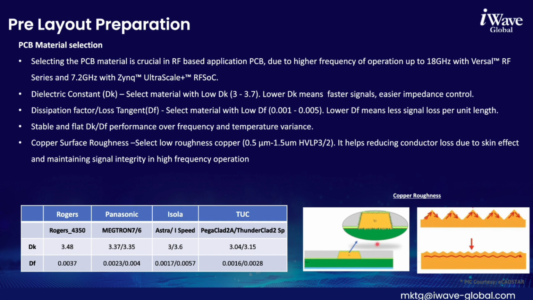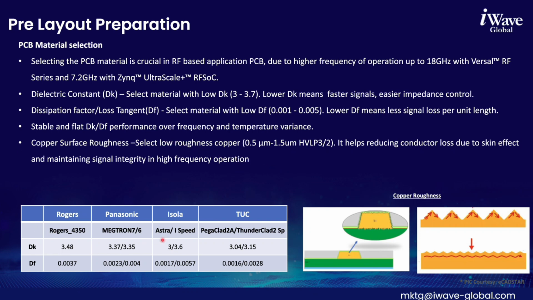When there is roughness on the edges, the signal has to travel a longer path. Since it has to travel the longer path, there will be signal loss and signal integrity issues. When we use low roughness copper, there won't be much signal loss because the overall signal path length is reduced. So we will have better signal integrity.